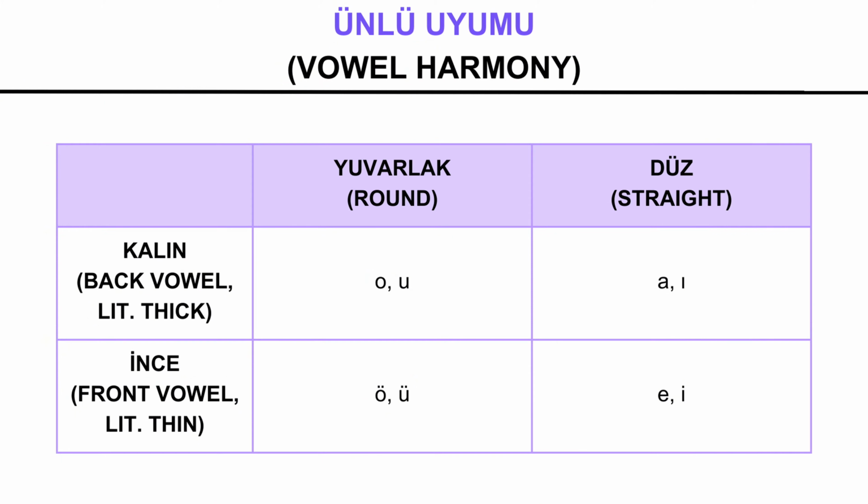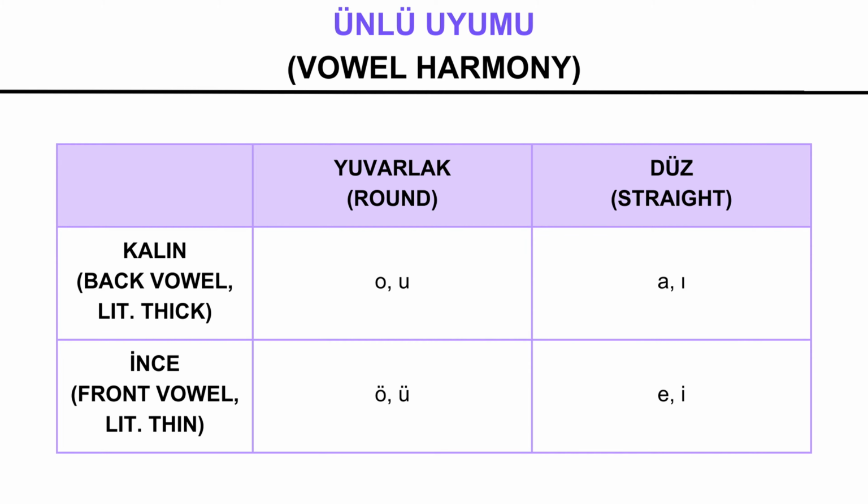But why? Now we will learn the very essence of the language, which is called vowel harmony. In Turkish, we group the vowels into many categories. Now we will learn the four categories. The first are kalın, which means back vowel.